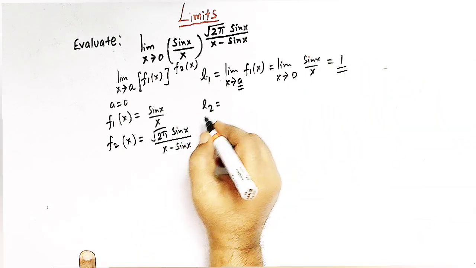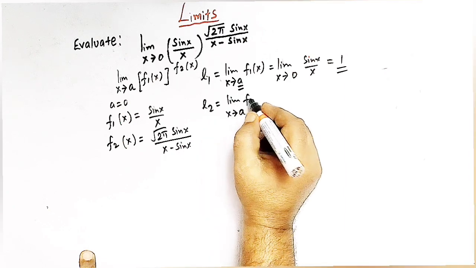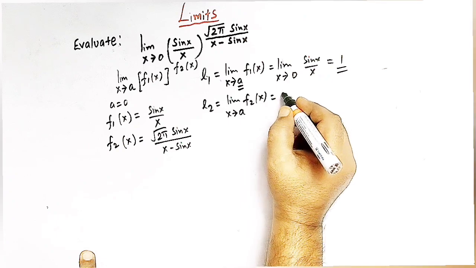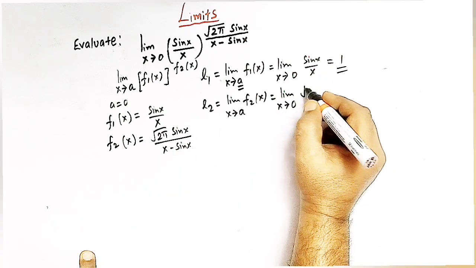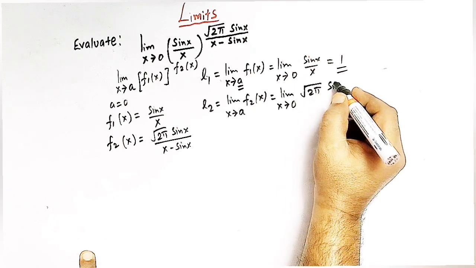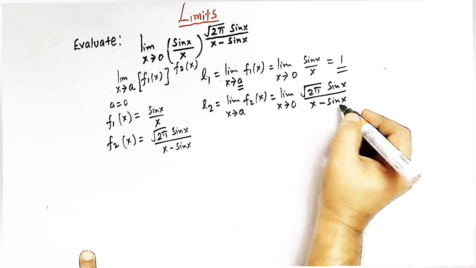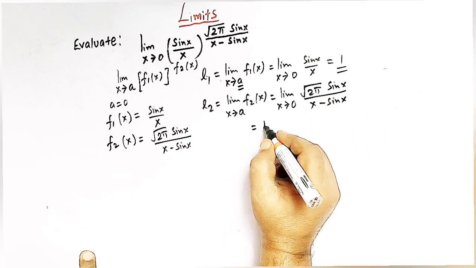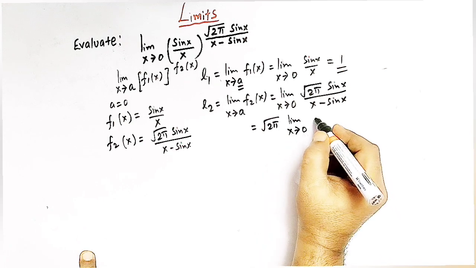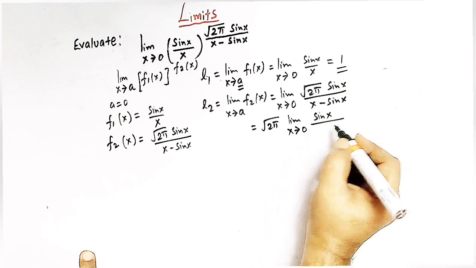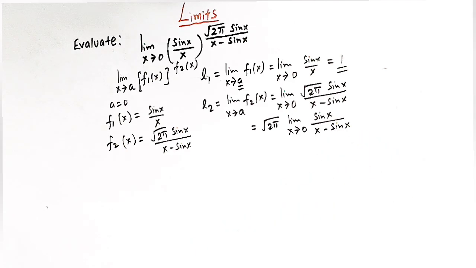And the limit L2 is limit x tends to a of f2(x), and here we have limit x tends to 0, and f2(x) is square root of 2 pi times sin x divided by (x minus sin x). So we can now write square root of 2 pi times limit x tends to 0 of sin x over (x minus sin x).